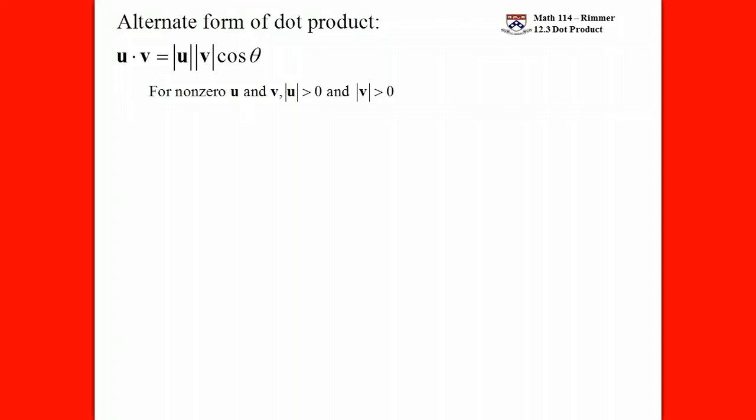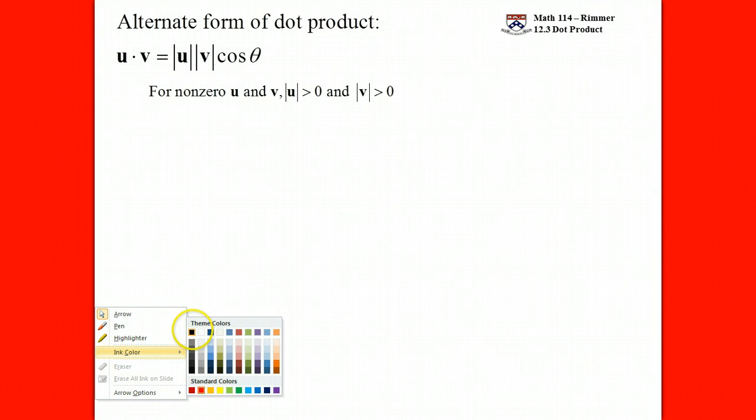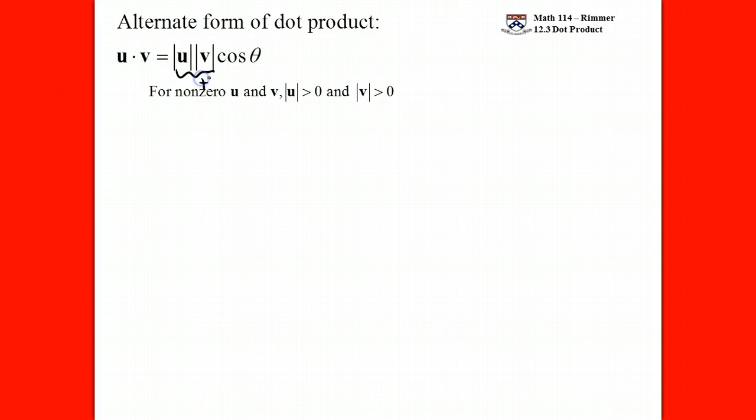Right? We know this is guaranteed to be positive, greater than 0. If u and v aren't 0, their magnitudes aren't 0. So on my right-hand side here, I know these guys are both positive. And so when it comes time to decide the sign, it must be true that whatever sign this is the sign that the cosine theta has.